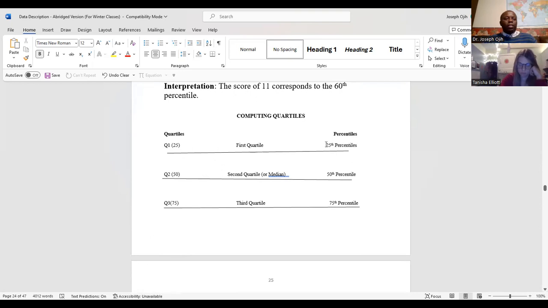The second quartile, which is also called the median, is the same as the 50th percentile. The third quartile, Q3, is the same as the 75th percentile. Because of this relationship, we use the same formula that we use for finding the percentile for finding the quartiles.